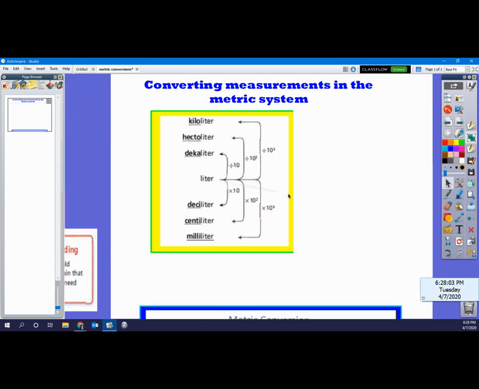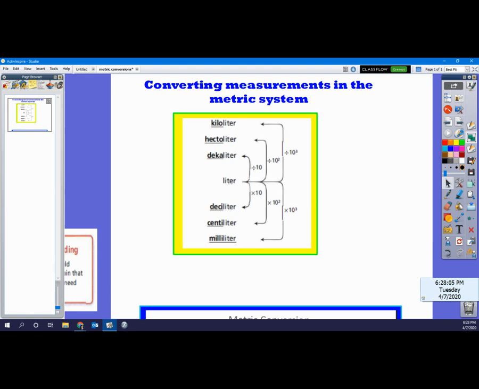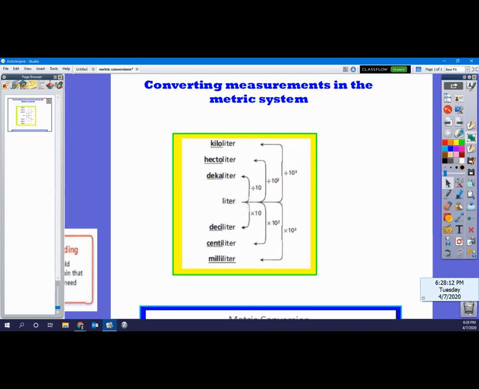All right, here's another way to look at it. If we're going from kilo, hecto, deca, if we move one place, it's divide by 10. 2 places, it's divide by 10 to the 2nd power. 3 places, divide by 10 to the 3rd power. But we're not always starting in the liter's place.